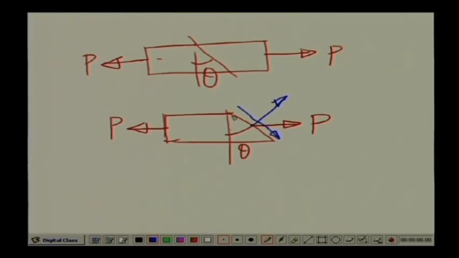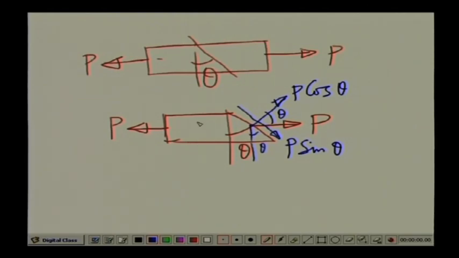Now, this angle being theta, if we drop a perpendicular here, this angle also is theta, hence this particular angle also is theta. So, the force component along this is P cos theta, the force component along this is P sin theta.